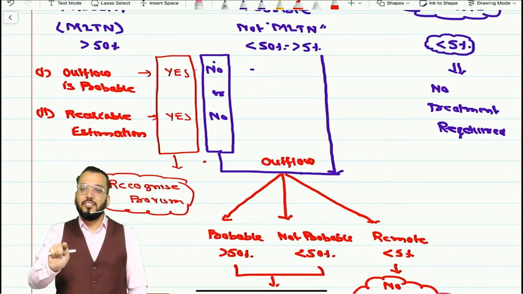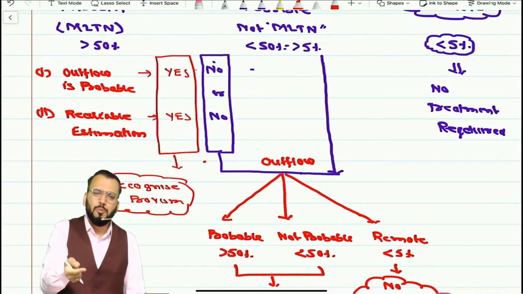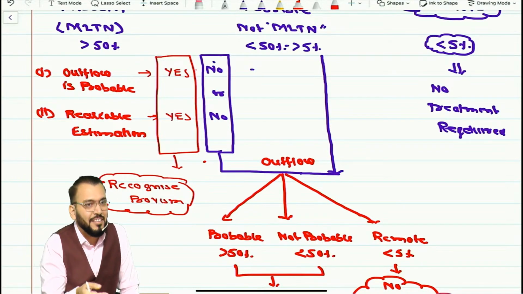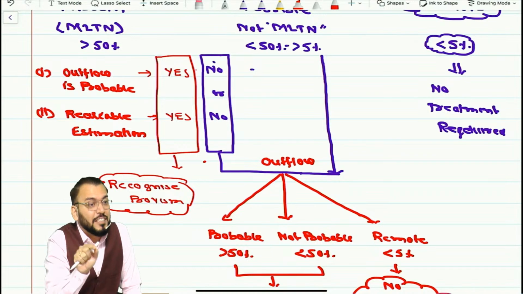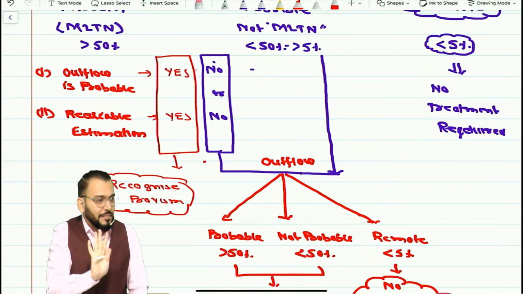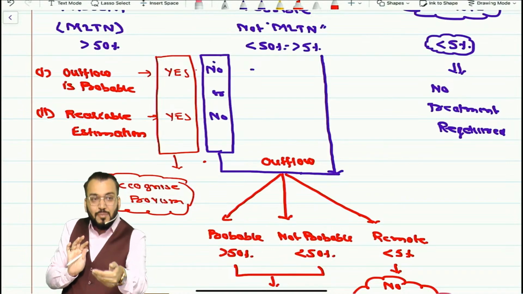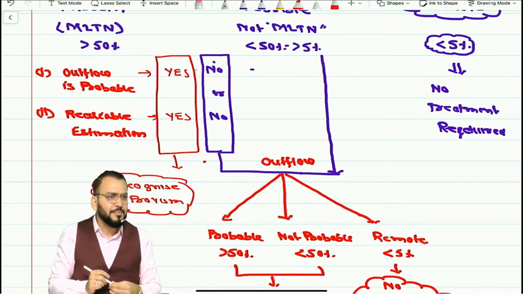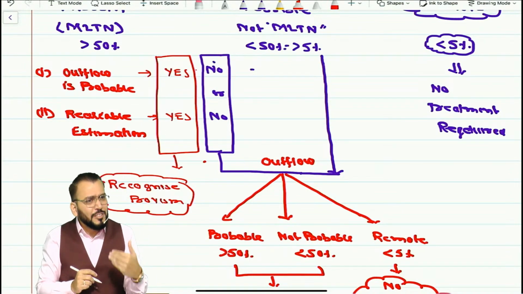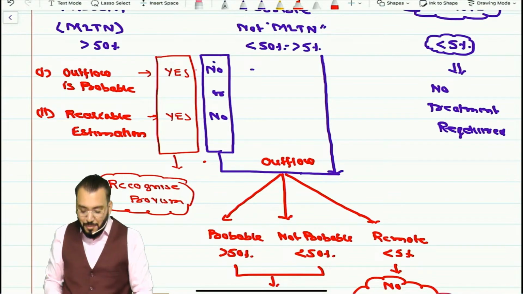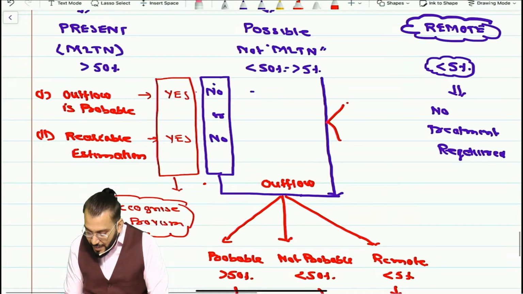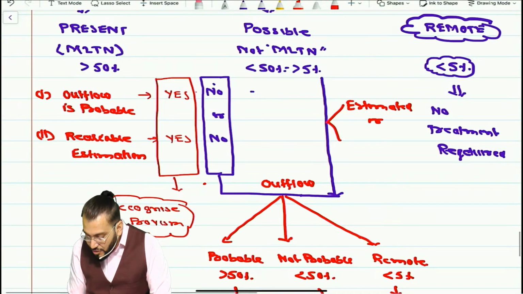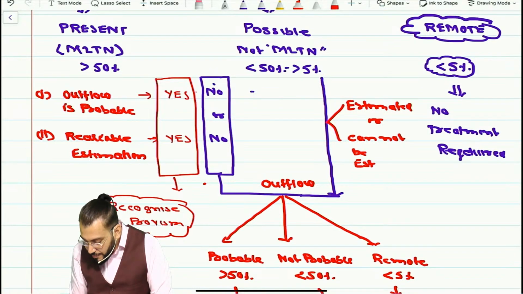Contingent liability. Possible obligation which can be estimated, contingent liability. Possible obligation which cannot be estimated, contingent liability. Contingent liability means whether estimated or cannot be estimated, both will come here. Have you understood this point?